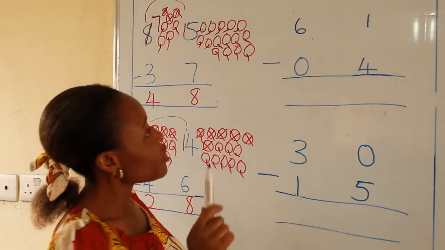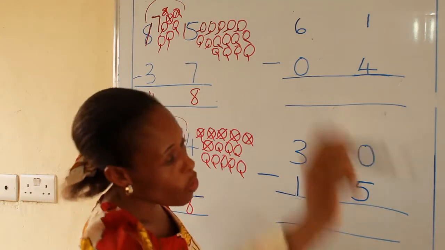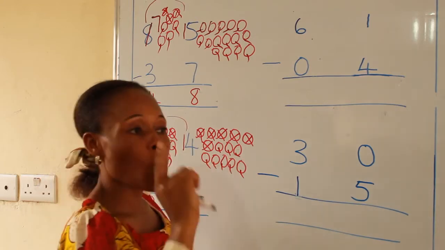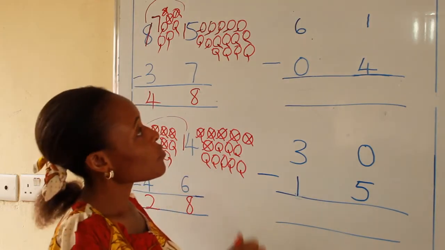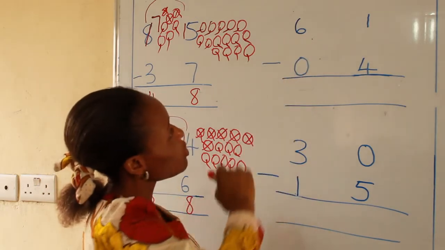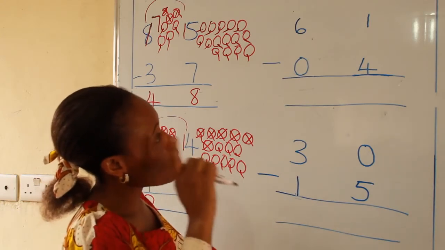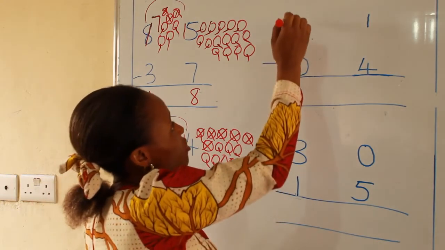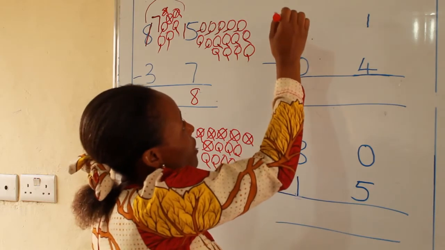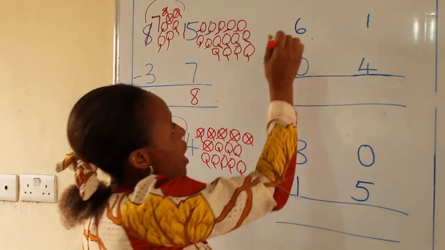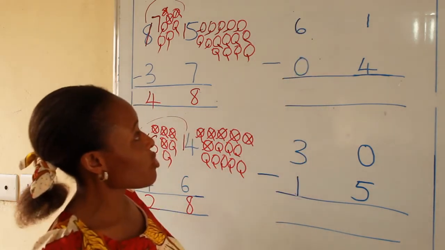Because dynamic subtraction involves borrowing over 1 number, which becomes 10. So, it moves over to number 6 and borrows 1 number. And so, when 1 number is borrowed from number 6, what will be left here, children?